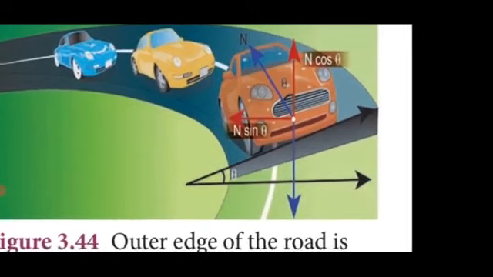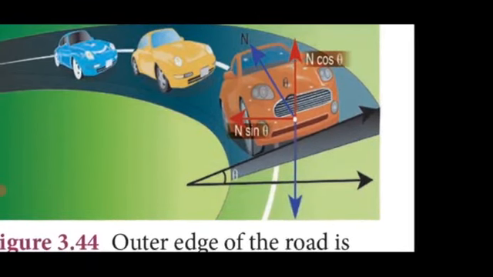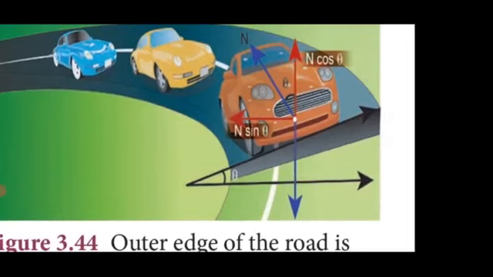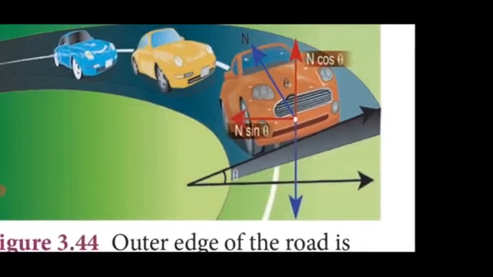See in this picture, the normal force makes two components, N cos theta and N sin theta. The component N cos theta balances the downward gravitational force mg, and the component N sin theta provides the centripetal acceleration.